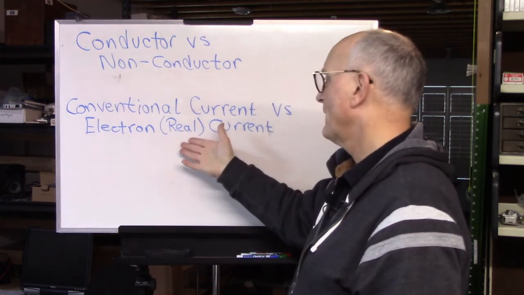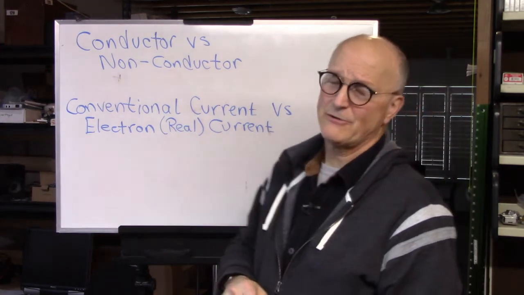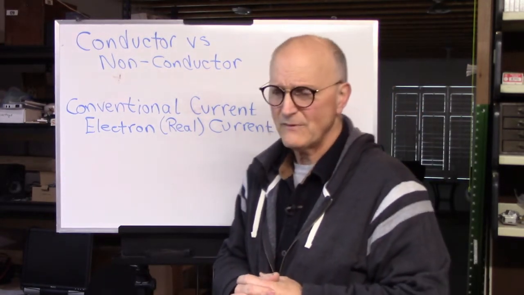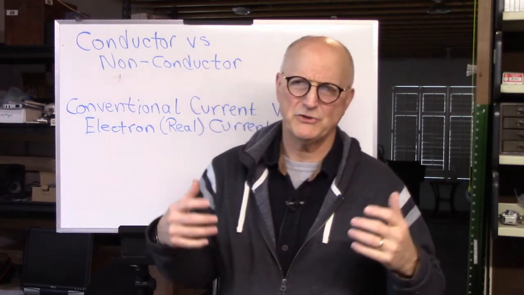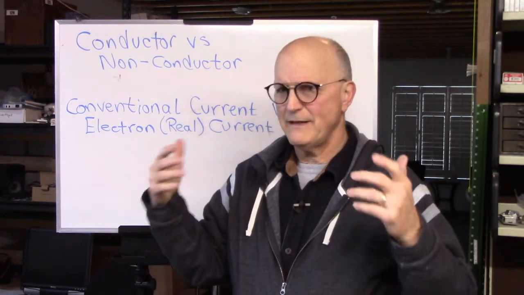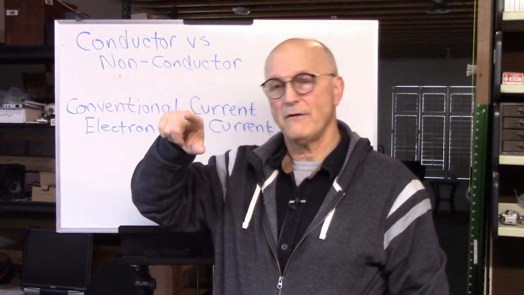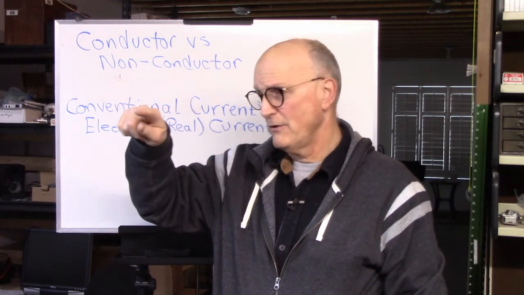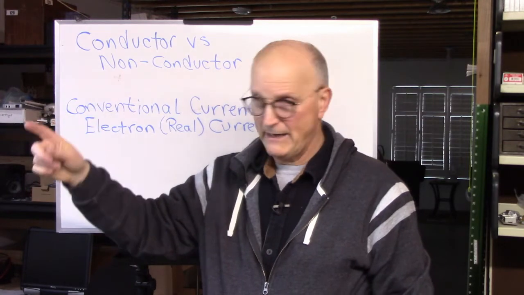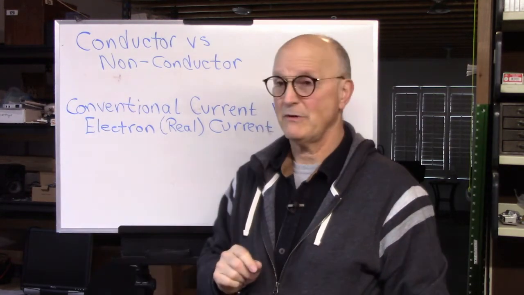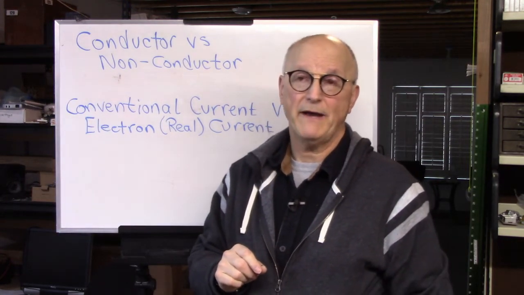Now, conventional current versus electron or real current. When we talk about current, in general, we think about current moving from the positive terminal of a battery, for instance, through whatever circuit that we have and back to the negative terminal of the battery.